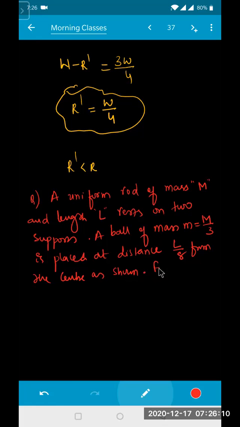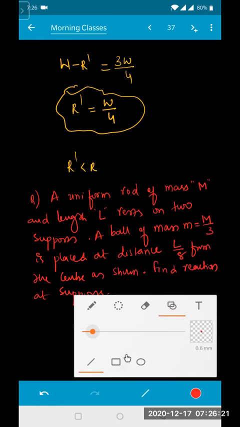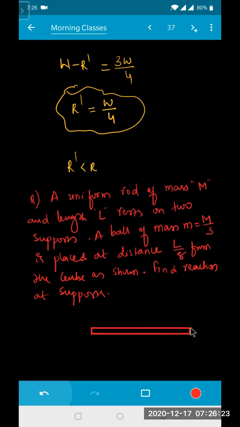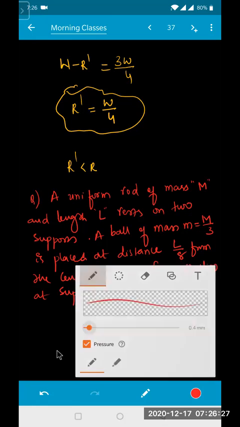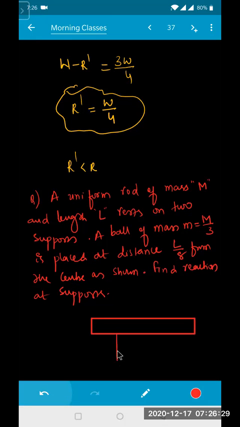First of all, find the reactions at the supports. So this is the rod given for me. One force is here which is acting.